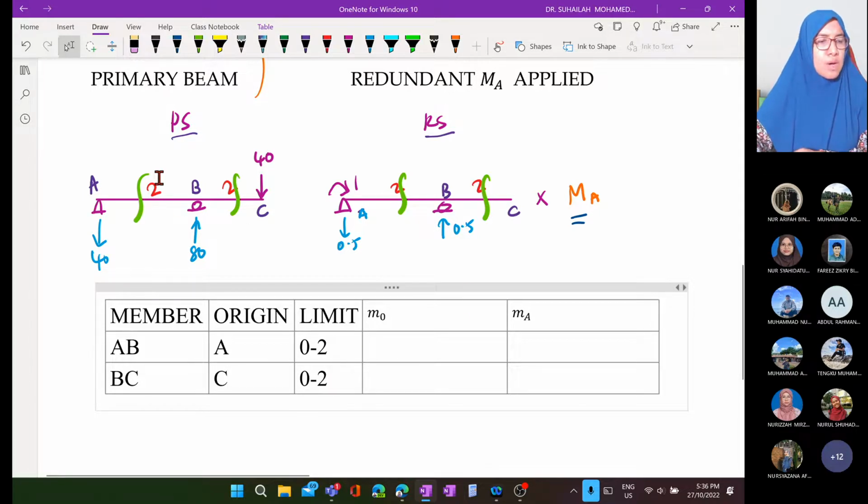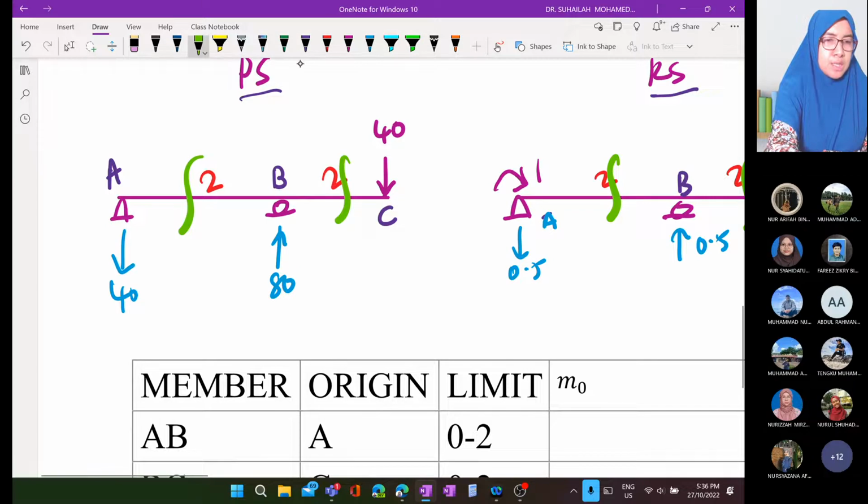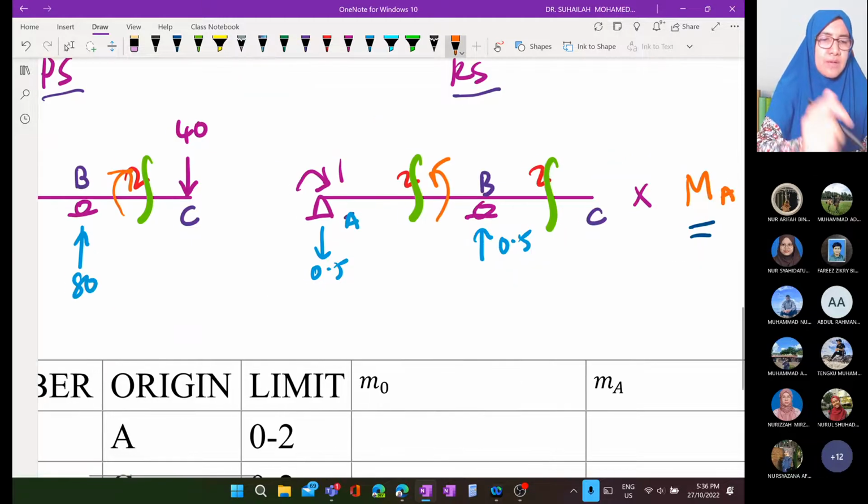Now we will write the moment equation. Look at the diagram. For the moment equation, origin A means M rotates this direction. C as origin, moment rotates clockwise.